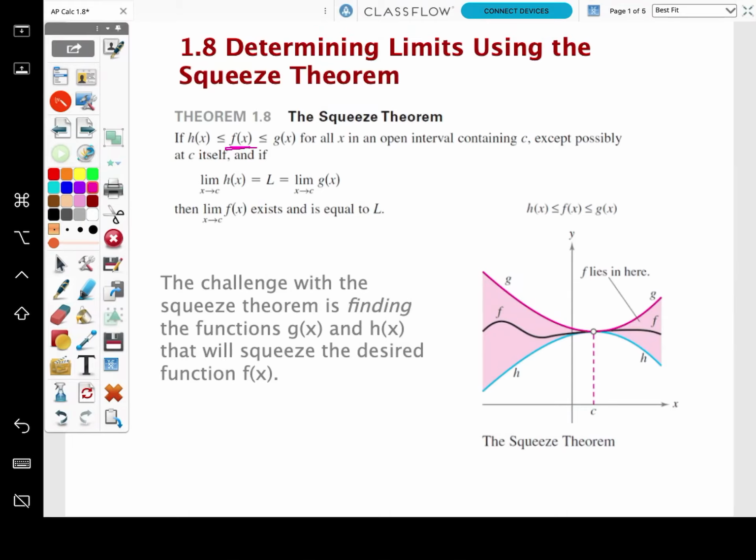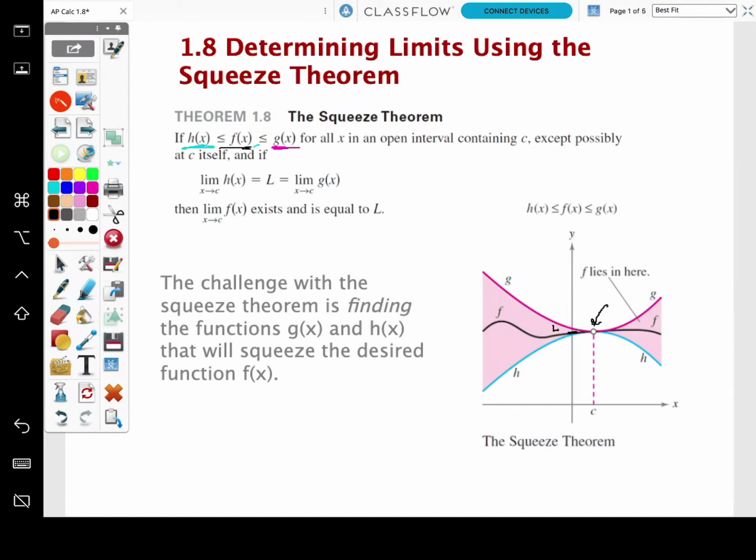So there's a picture down here where we have h in this tealish color, and we have g in the pink color, and the f of x function is in the black. And we can see that g does its own thing, h does its own thing, f does its own thing right in between, but everybody here at this point, even if there's a hole, has the same limit called L. Okay, and that's what the squeeze theorem is talking about.